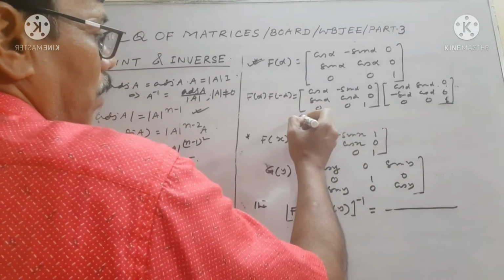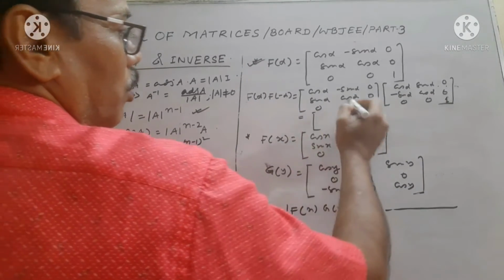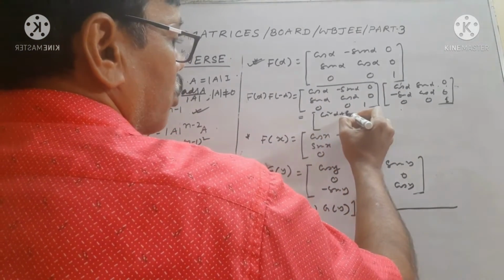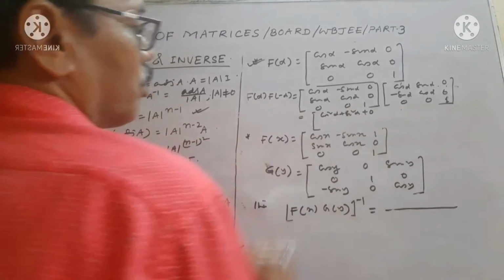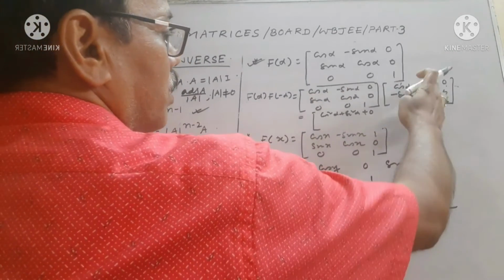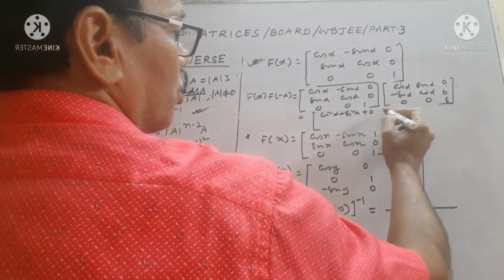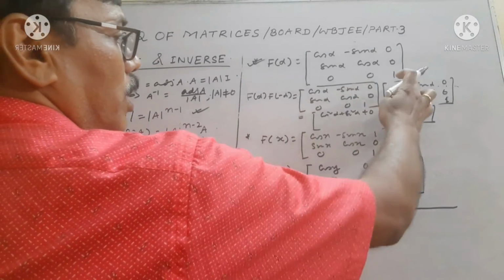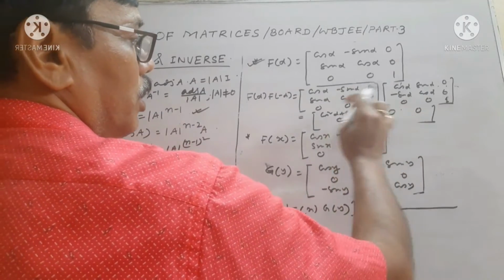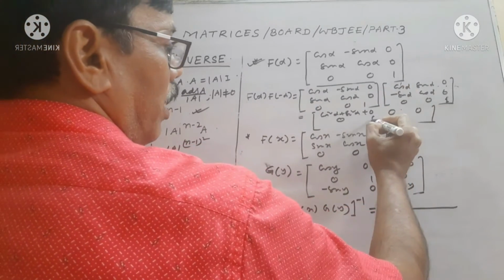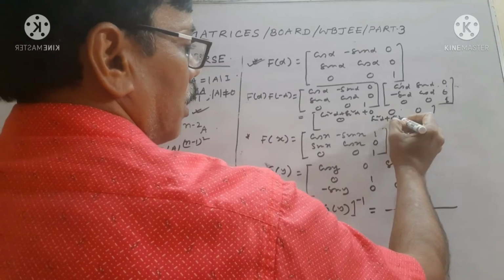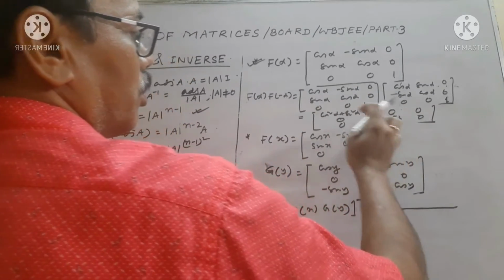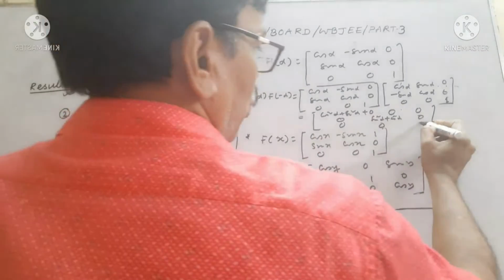Then if we multiply, row into column, we get cos square alpha plus sin square alpha plus 0. This entry is cos alpha sin alpha minus cos alpha sin alpha, so this is 0. Then this one minus this one is 0. So sin square alpha plus cos square alpha is 1, and the rest are 0.